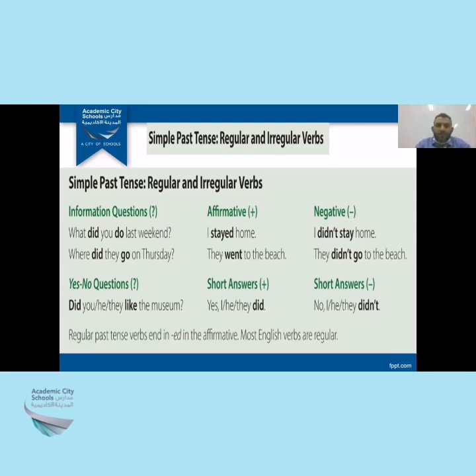Here we have information questions, affirmative and negative. What did you do last weekend? Here, if I want to make an information question, add did with singular and plural and the verb one.